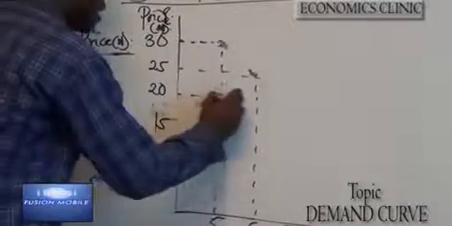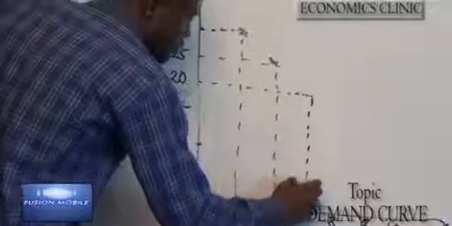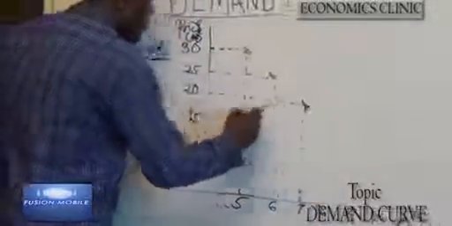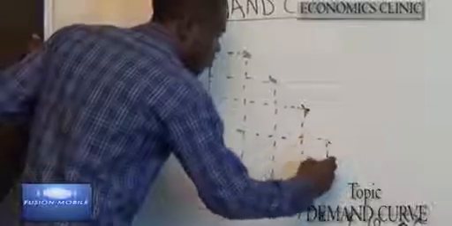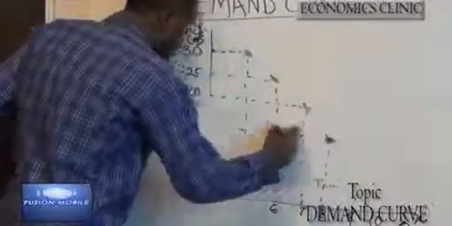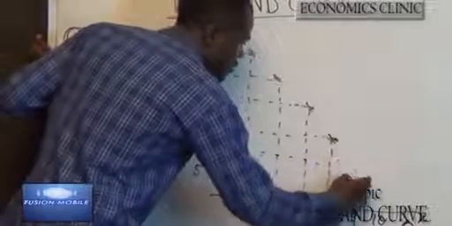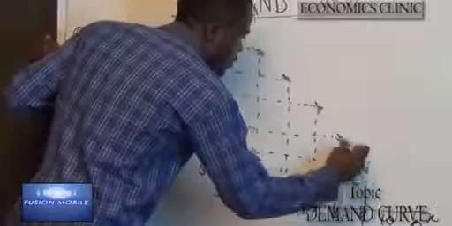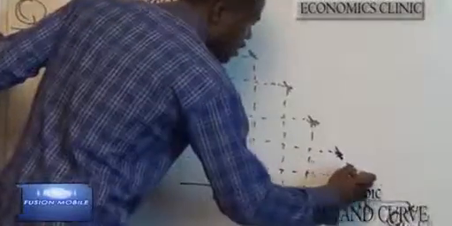At 20 naira, consumer demands 7 quantity. At 15 naira, consumer demands 8 quantity. At 10 naira, the consumer demands 9 quantity.